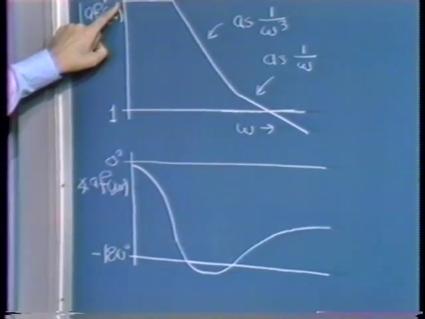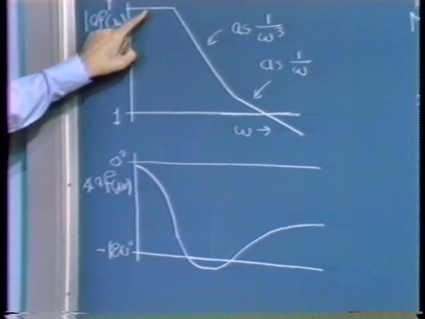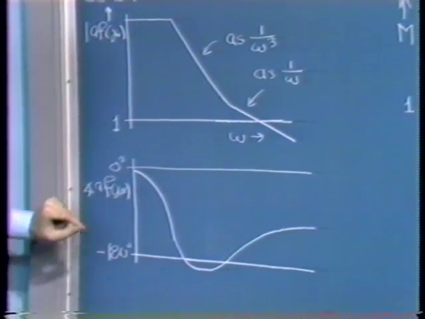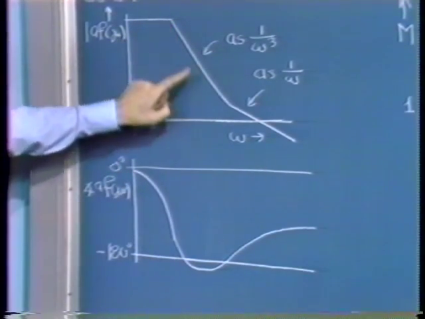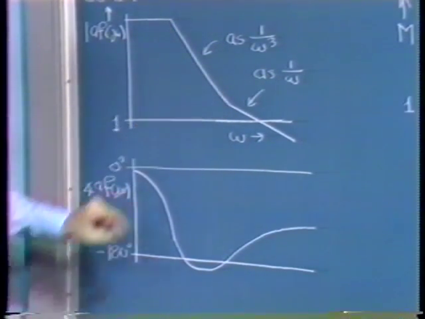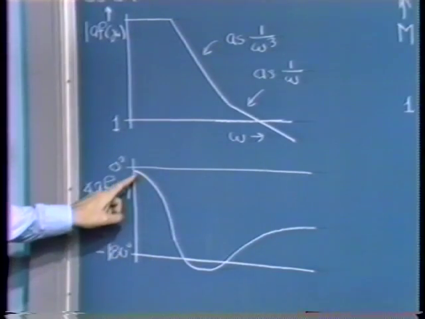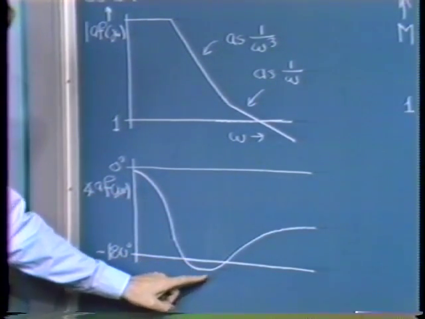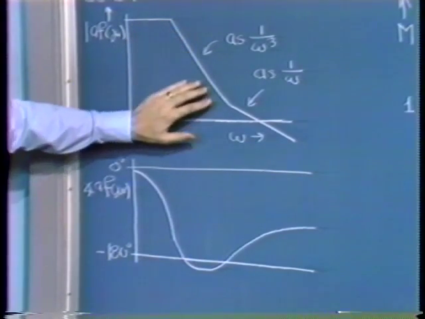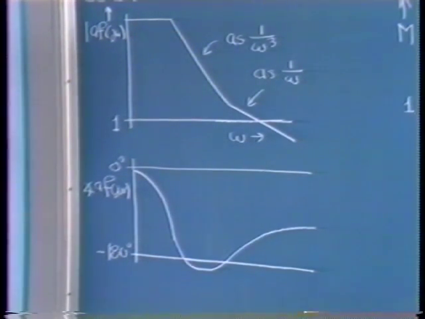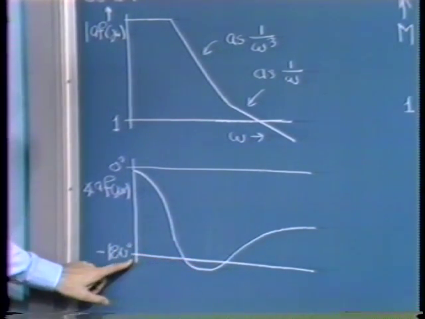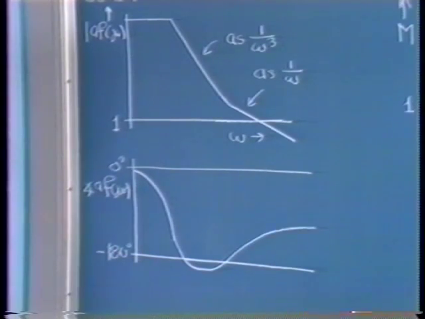The angle looks something like this. At sufficiently low frequencies where the magnitude versus frequency curve is flat, the angle will be near 0 degrees. Providing the duration of the 1 over omega cubed region is sufficiently long, the angle is heading toward minus 270 degrees as a consequence of the 1 over s cubed roll-off, and the angle will become more negative than minus 180 degrees.